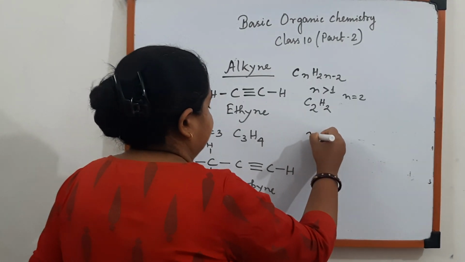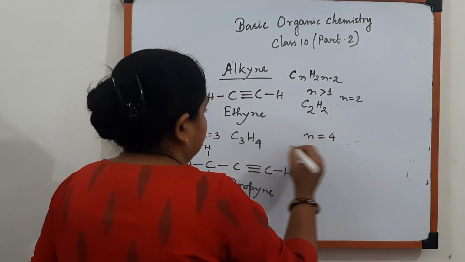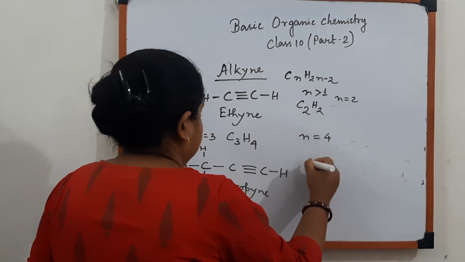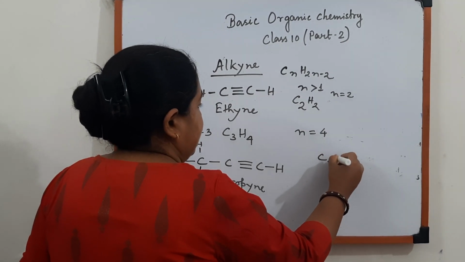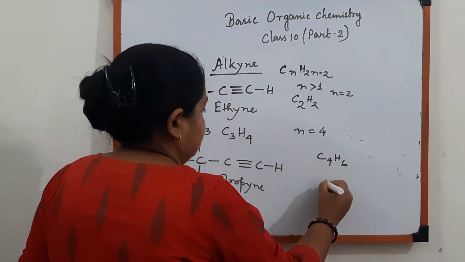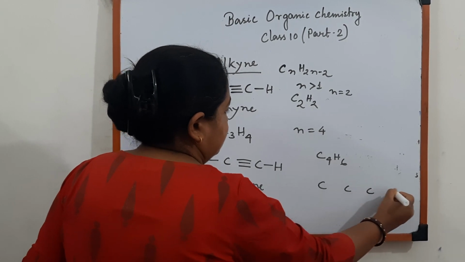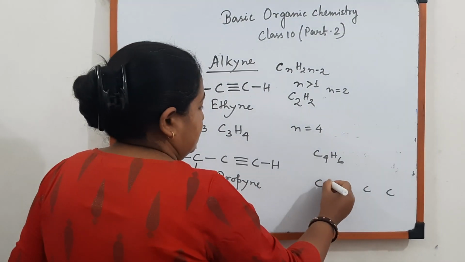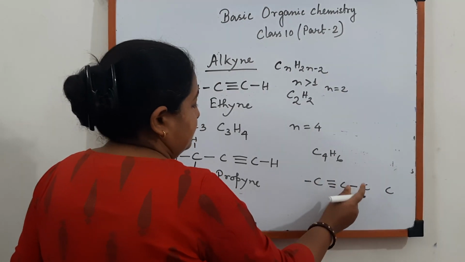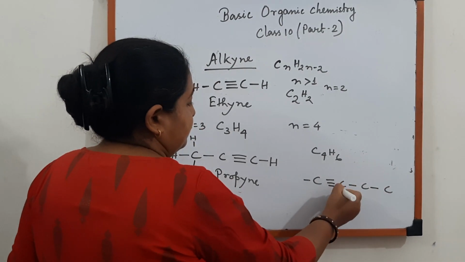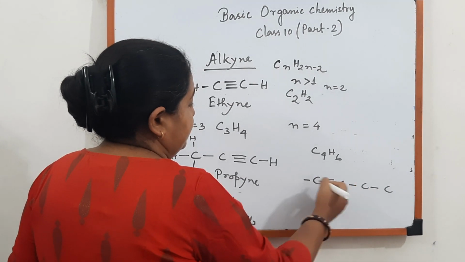Now when n is 4, that is C4H6. Again put 4 carbons, triple bond, 1 is left, here another. Now all 4 bonds are occupied.